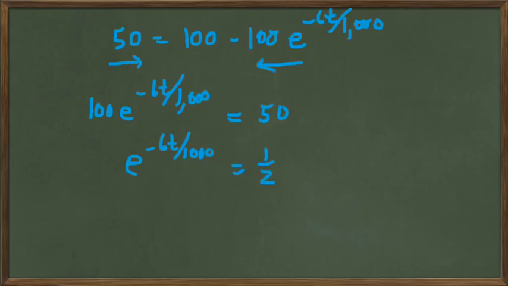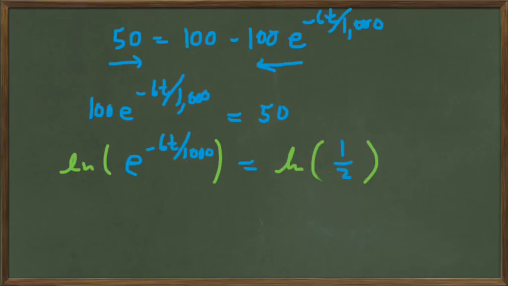Then what do we do to both sides to get the power down, right? We take the ln of both sides of this equation. And remember, when we divided by 100, that should have given us a half on the right side.